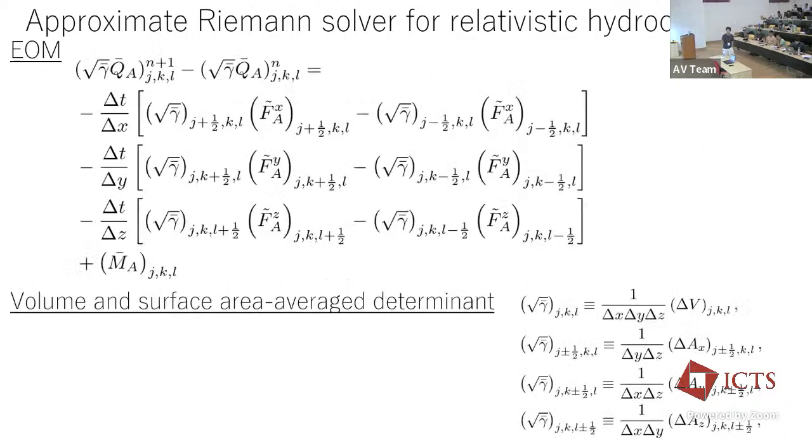By introducing the proper volume average or the surface average of the three-dimensional metric determinant gamma, we finally get the final expression for the numerical magnetohydrodynamics.